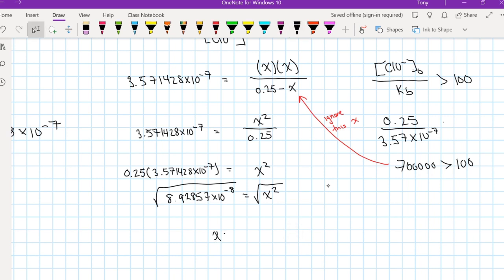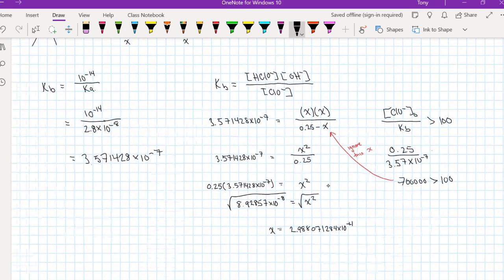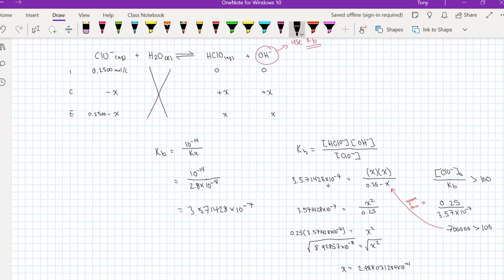In this case, x equals 2.988 and some change times 10 to the negative 4. And if we go back to our equilibrium table, we can see that x corresponds to the equilibrium concentration of hydroxide. That is the concentration of hydroxide ions in our solution.